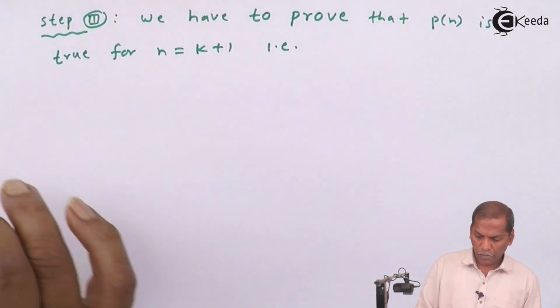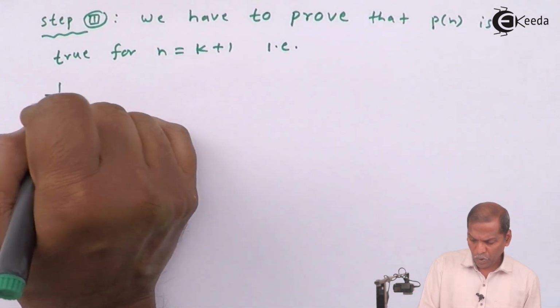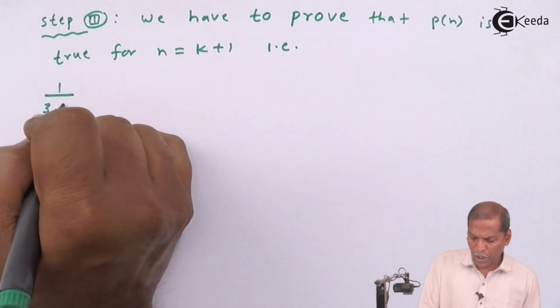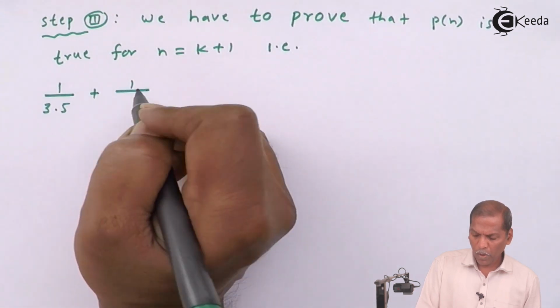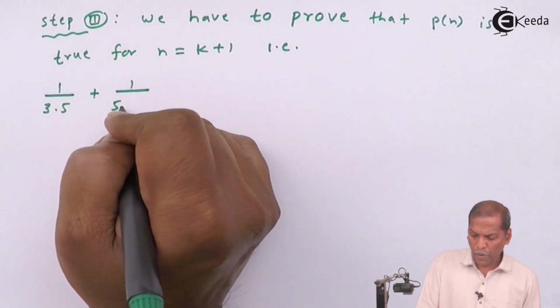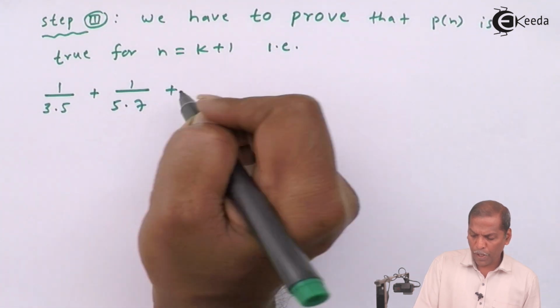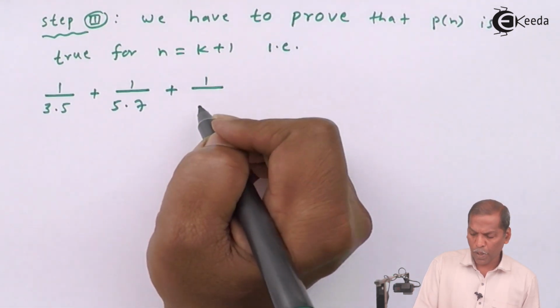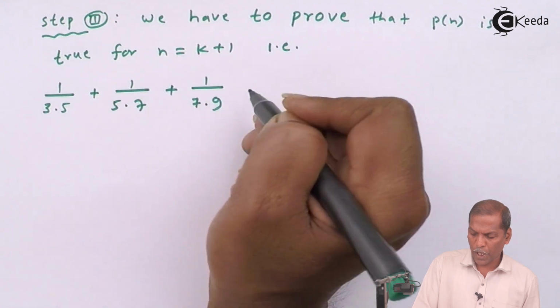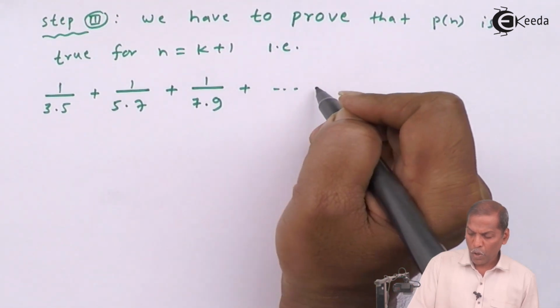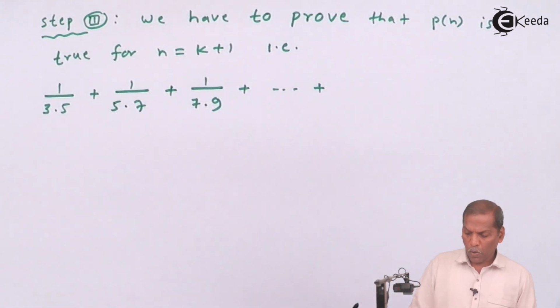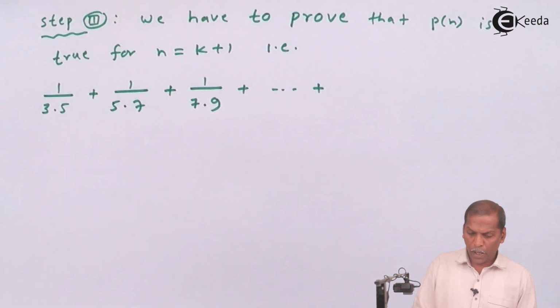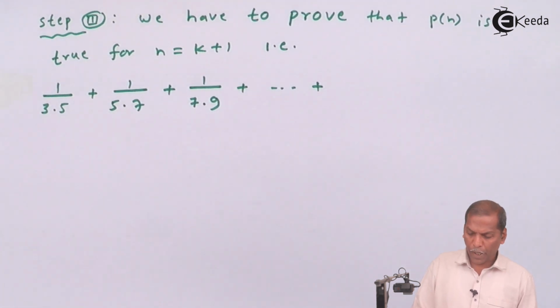That is, 1 upon 3 into 5 plus 1 upon 5 into 7 plus 1 upon 7 into 9. Now, wherever there is n, we have to write k plus 1.